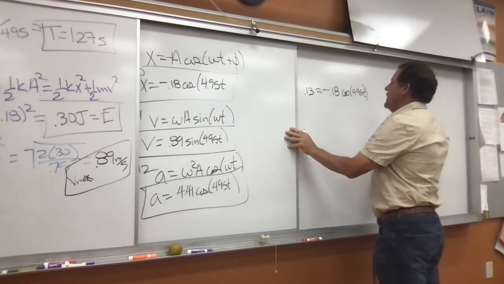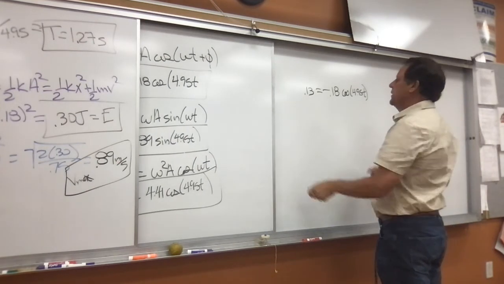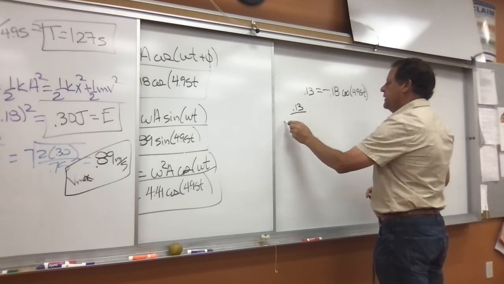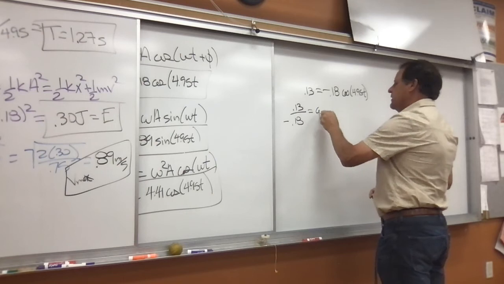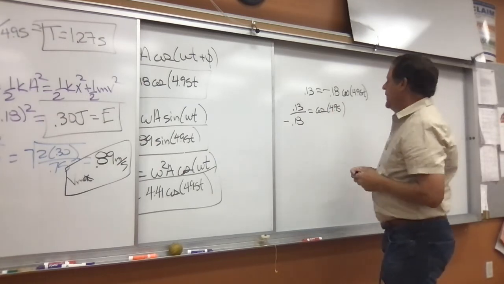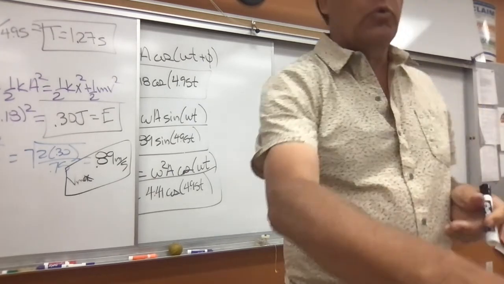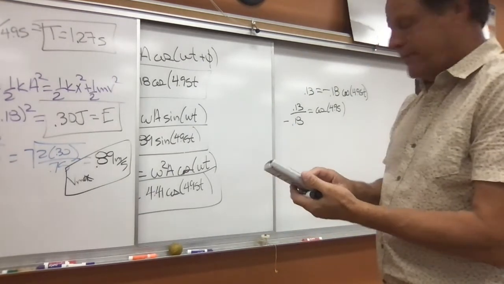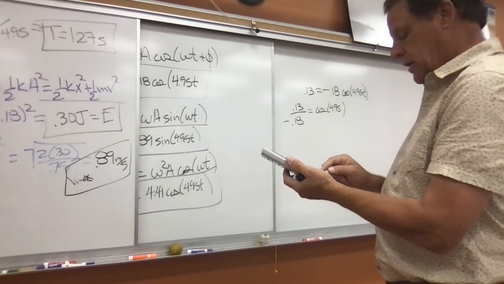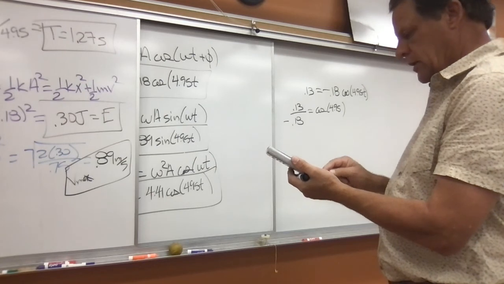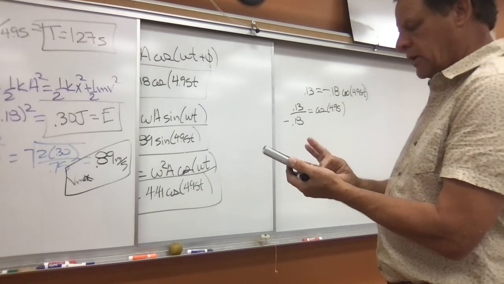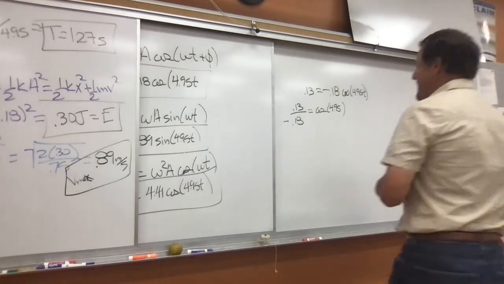Okay. So now what we're going to do here is divide both sides. So we're going to get 0.13 divided by negative 0.18, and that's going to equal the cosine of 4.95 t. And we are going to take the inverse cosine of that quotient. So 0.13 divided by negative 0.18 is going to be negative 0.72. Now we're going to take the inverse cosine of that answer, and we're going to get 136.